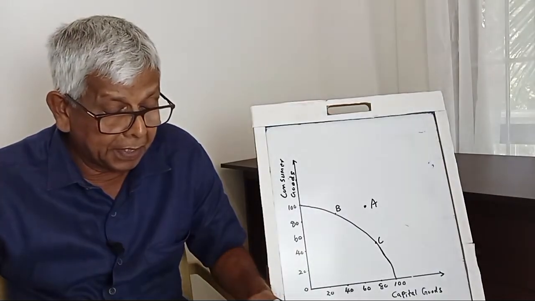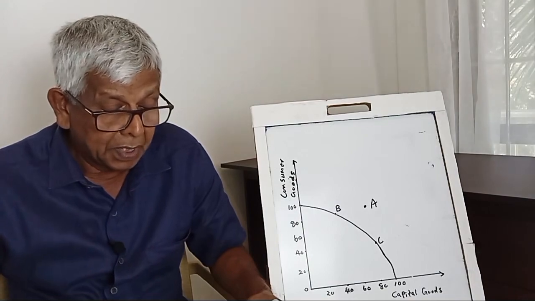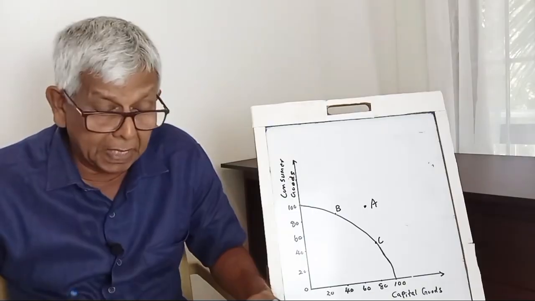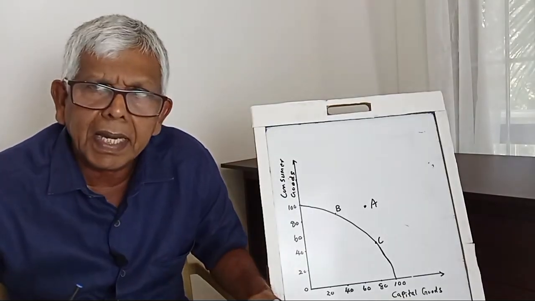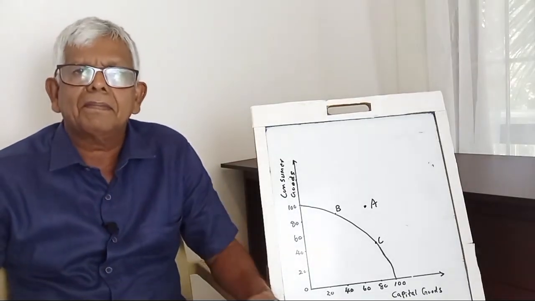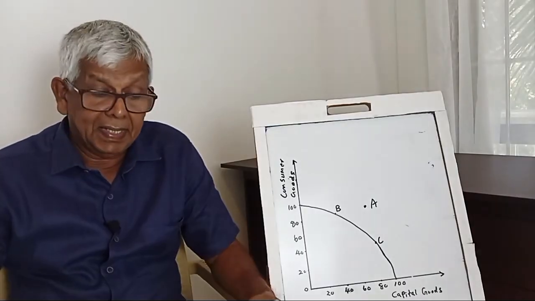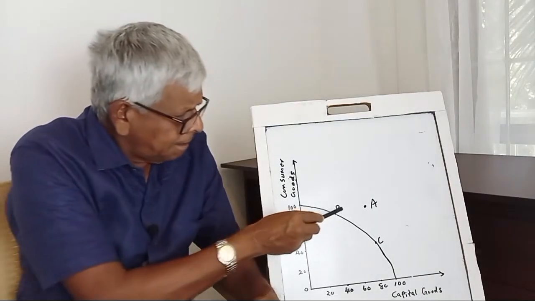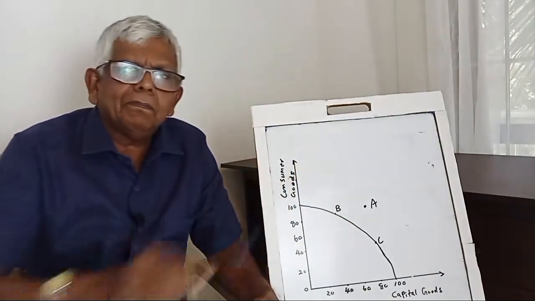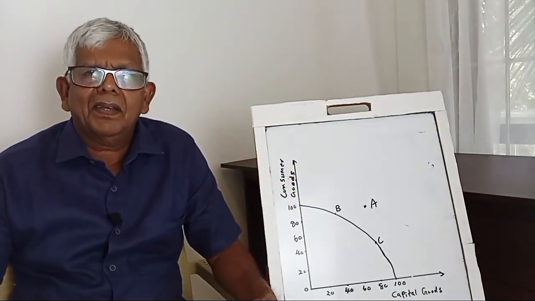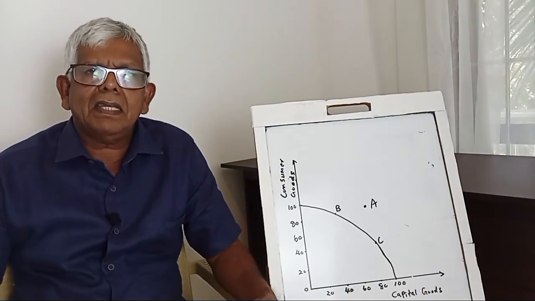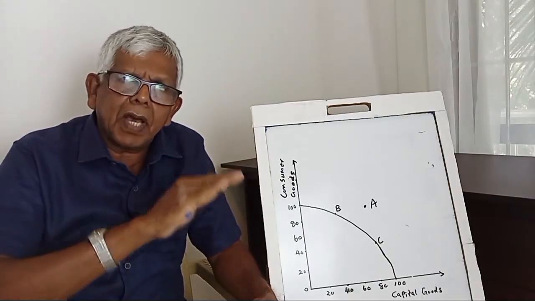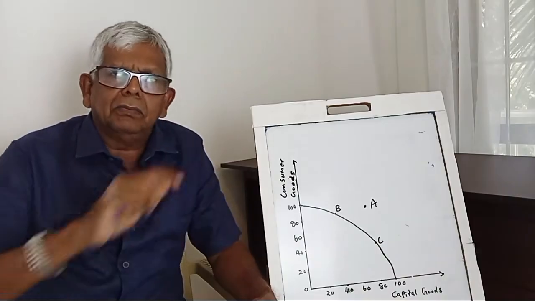The production possibility curve separates attainable combinations of goods and services, such as B and C, from unattainable ones. B and C are points on the production possibility curve.